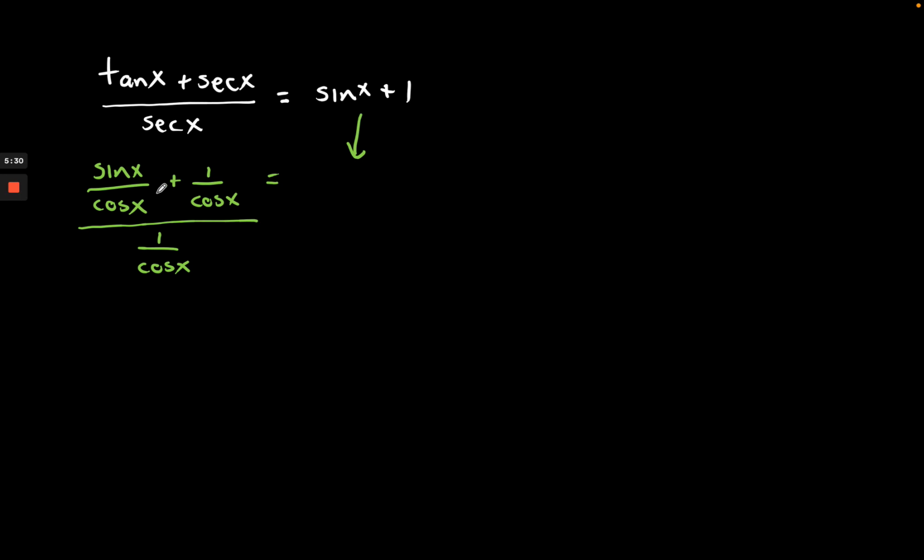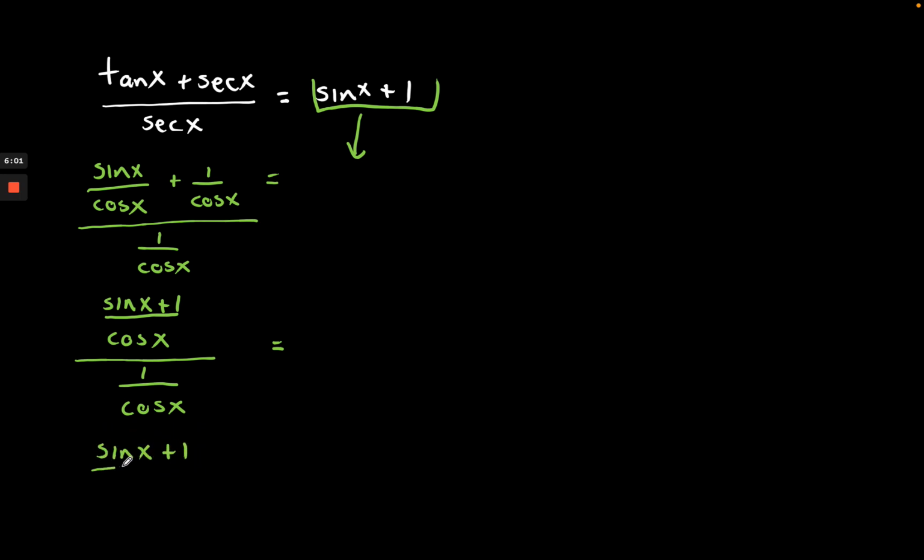Up here I have a common denominator, cosine x, so on the top I have sine x plus 1. Well, we're getting close, because that's actually what I want. I just want the sine x plus 1. Now we flip and multiply.